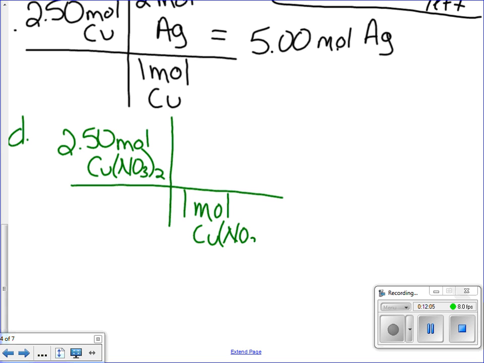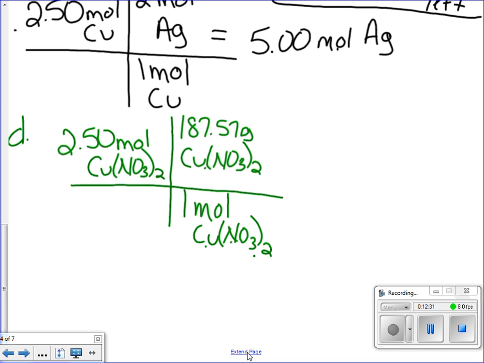So now we have to look at our periodic table, and we're going to add up the mass of copper, 2 nitrogen, and 6 oxygen, and we'll put that in our calculator, and we get 187.57 grams of copper 2 nitrate. 1 mole on the bottom, because we know anytime we get a value from the periodic table, it's going to be equal to 1 mole.